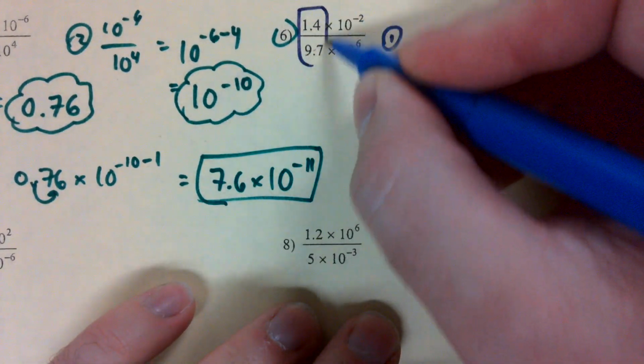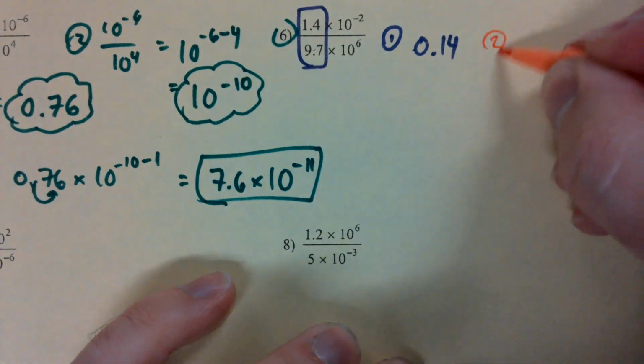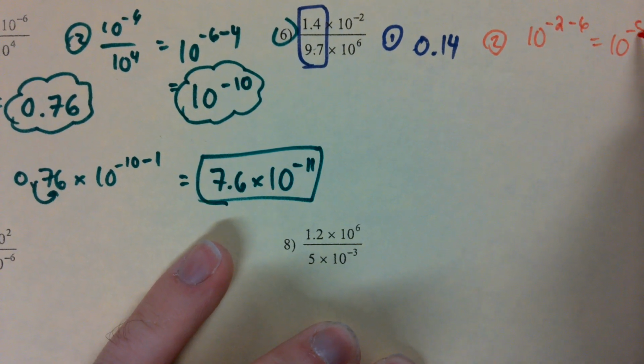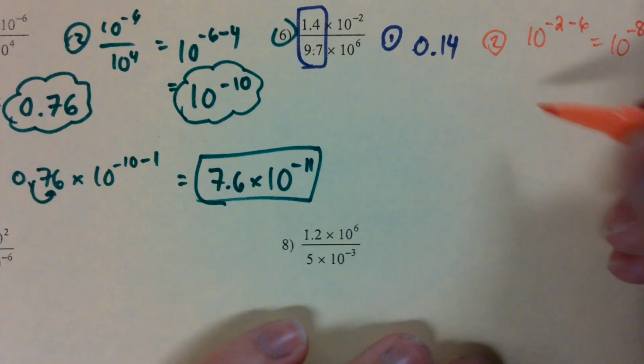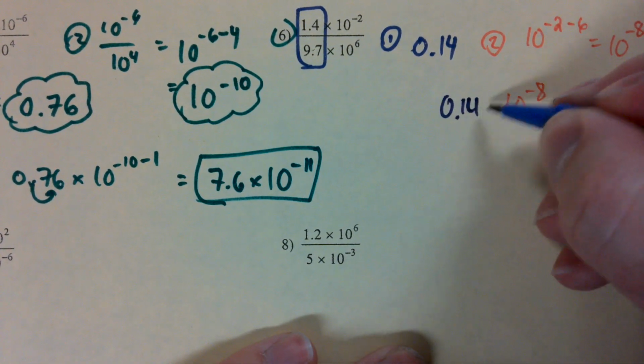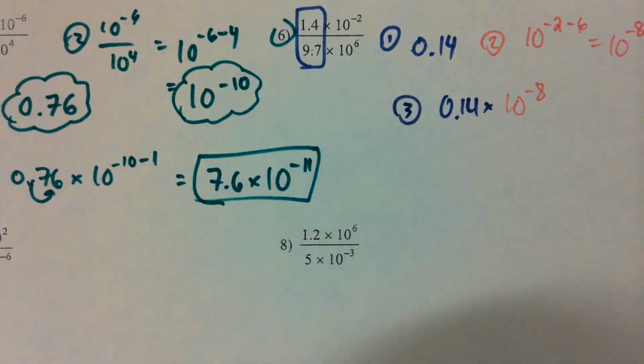Step 2, we take 10 to the negative 2 minus 6. That gives us 10 to the negative 8th. We've got 0.14 times 10 to the negative 8th for step 3.